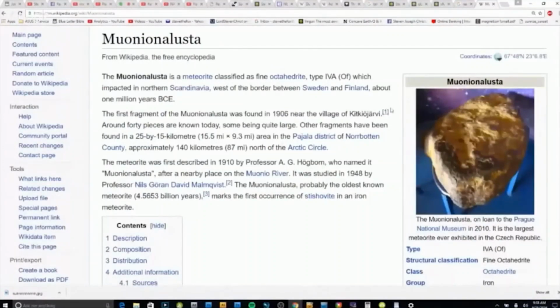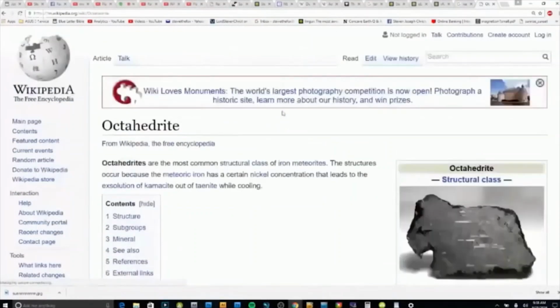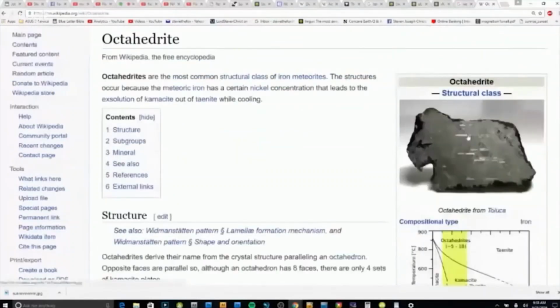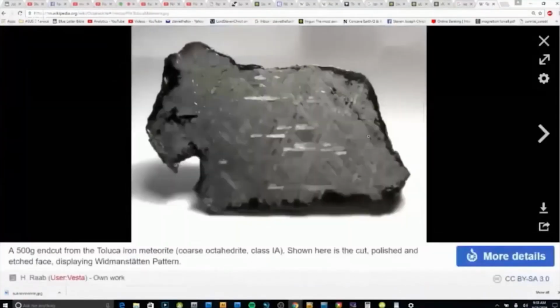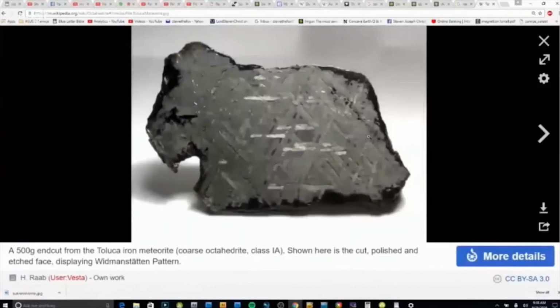These octahedrites are the most common of all iron meteorites. They all have this Widmanstatten pattern to them. You slice them up like that. Do they come in any other geometries, or is it only octahedral? Only octahedral.